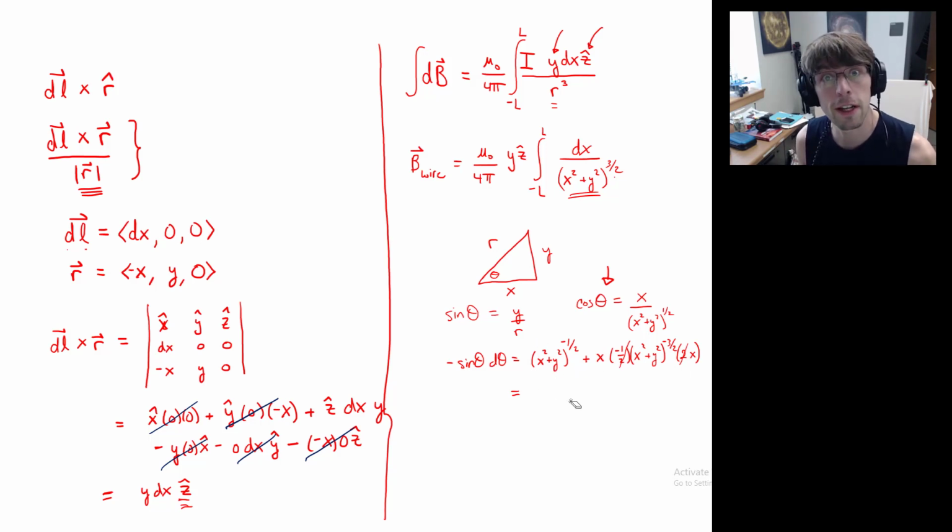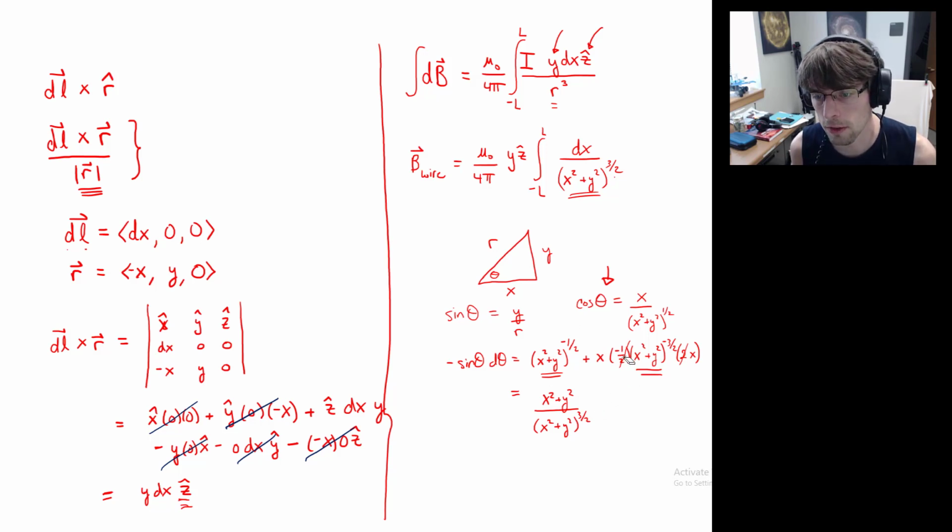I'm going to find a common denominator. This I have to write as x squared plus y squared over x squared plus y squared to the 3/2. Notice I multiplied both top and bottom by the term x squared plus y squared. That adds 1 to the exponent.